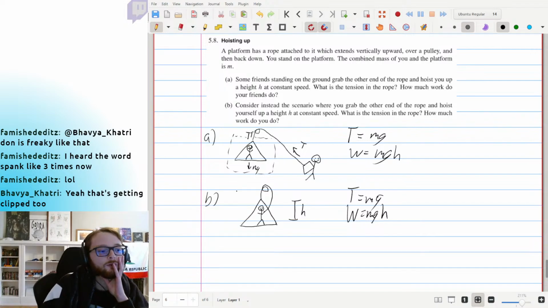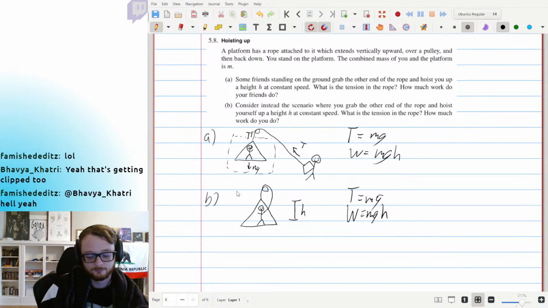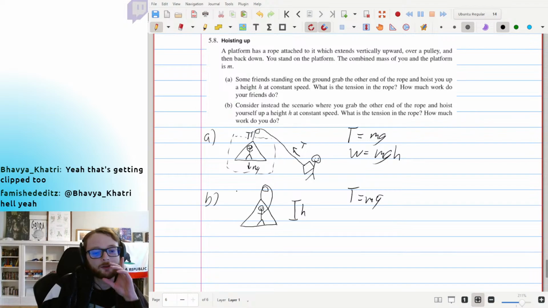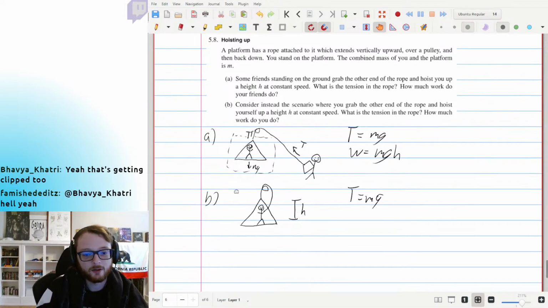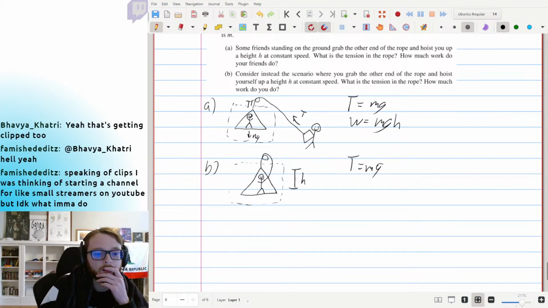Why is it mg/2? Why isn't it mg over something else? Or why is it mg over anything at all in the first place? I haven't figured that out. I should think about it as a free body diagram. That's my issue. I think I need to look at the arrows for the tension.